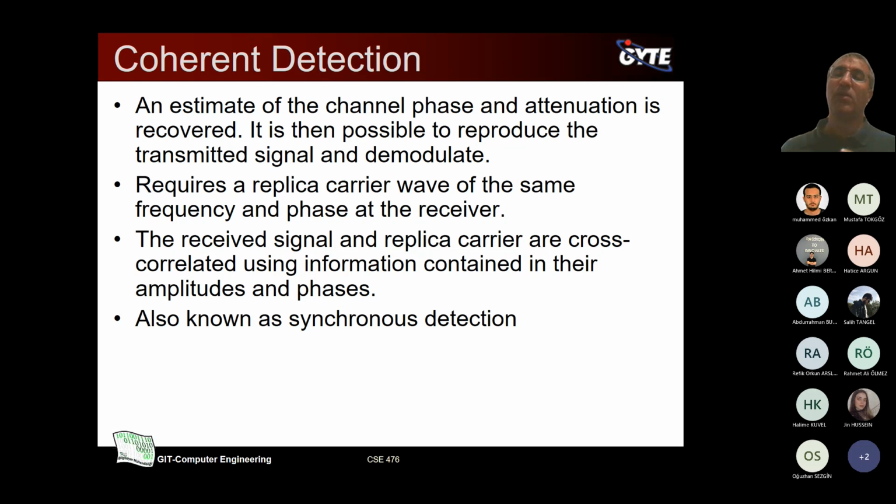Once we generate this locally, we call it the template signal. We correlate it with the received signal in order to detect the signal. Once we detect the signal, it is possible to reproduce or reconstruct the transmitted signal.